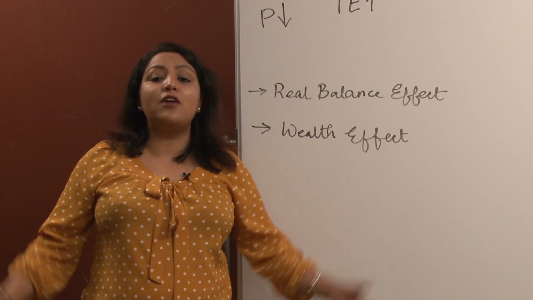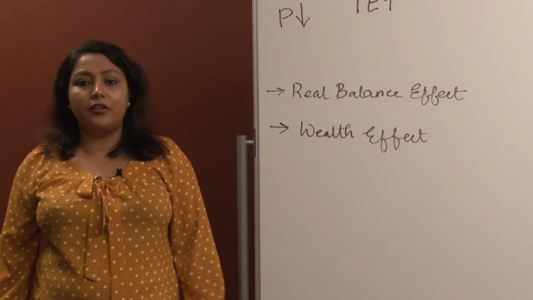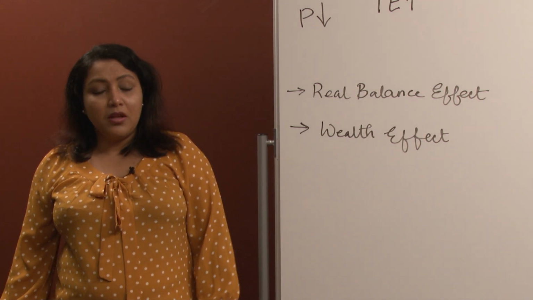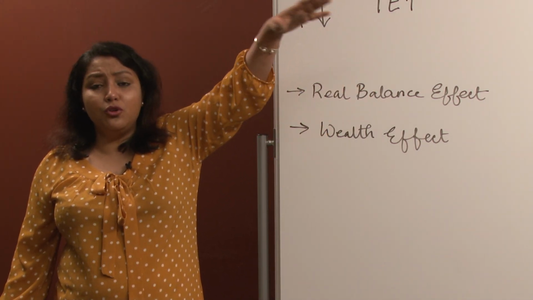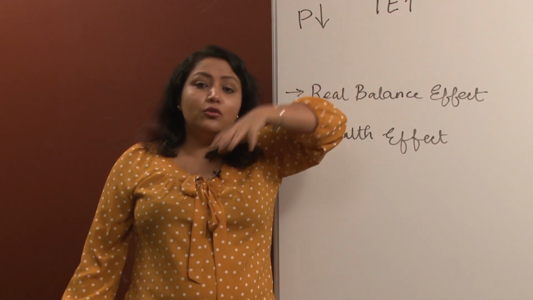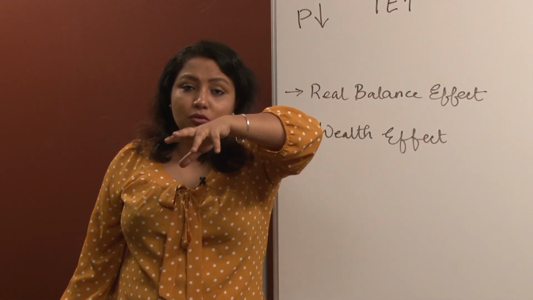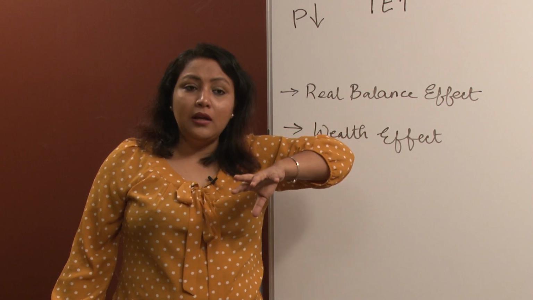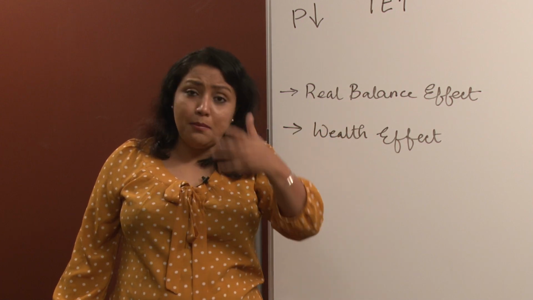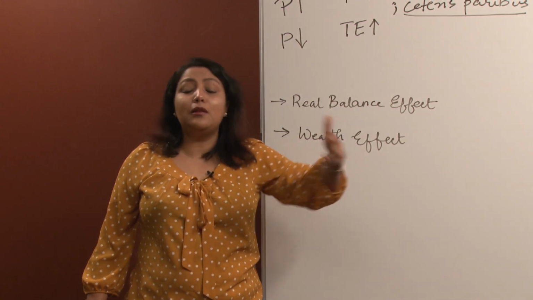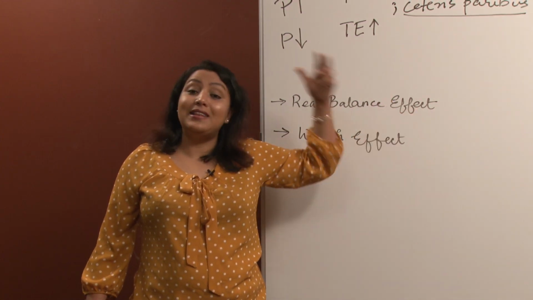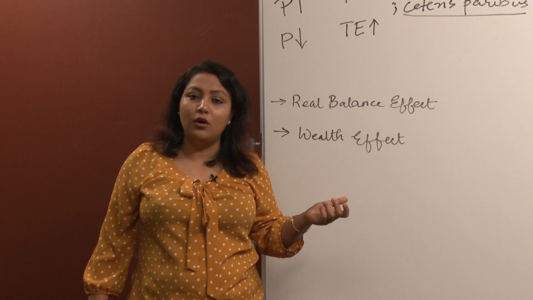So, maybe you have a house and the house is worth $100,000, okay? Now, the prices in the economy have gone up. So, you have inflation in the economy. You sell this $100,000 house and you get whatever money. Now, this money is able to buy you less goods and services now that the prices have gone up in the economy than at a time when the prices were lower, right?